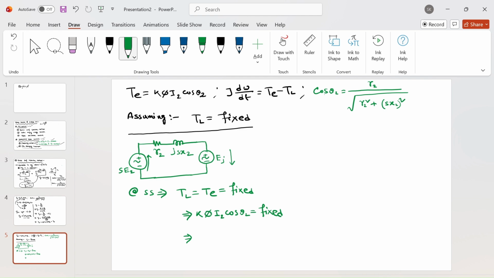Okay, phi is also constant, that means the V by F ratio is constant, then only your phi will be constant. So I am not changing the supply voltage and frequency, so my phi will also be constant. So I2 cos theta 2 needs to be constant.